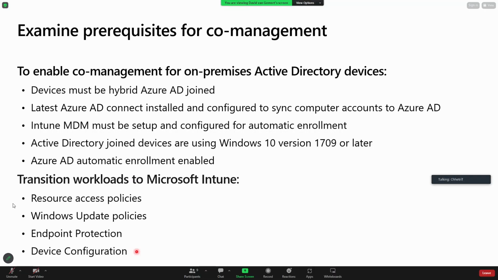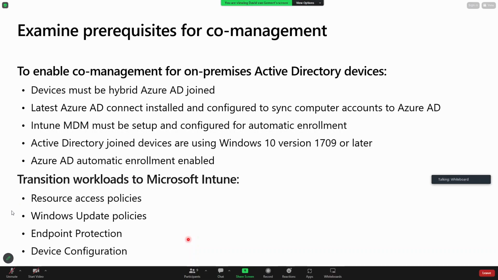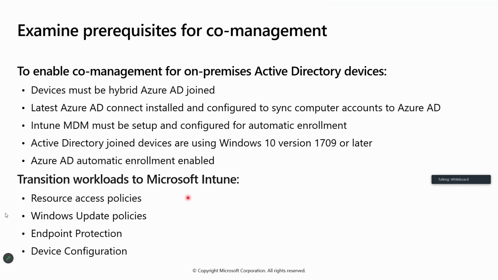Is it pretty much just some settings in group policies? What specific things will we need to turn on in group policy for that? You don't need to turn anything on in group policy. Basically, all you do is enable your automatic enrollment into Intune, and set up your hybrid Azure AD join.